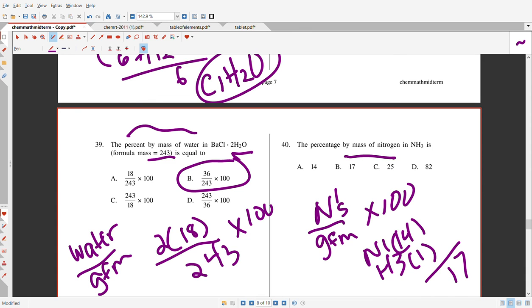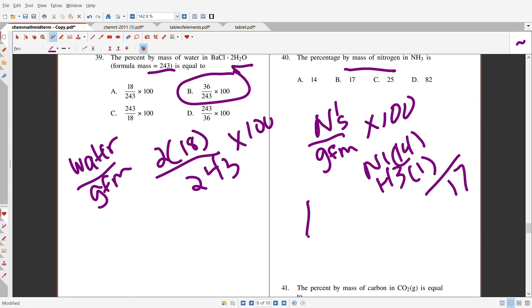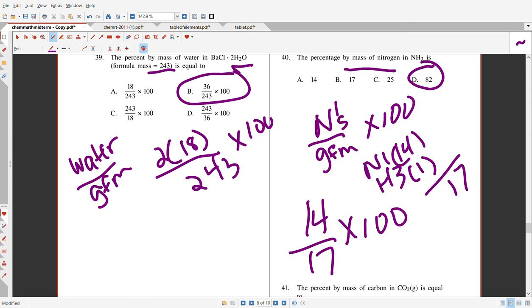So how do you get the percent mass? Nitrogen's weight over the total weight times 100, and then you plug that in. There's no equal sign, so you're not cross multiplying. You're just doing 14 divided by 17 times 100. Oops, I didn't hit divide in the calculator. I get 82.3, so there it is, 82.